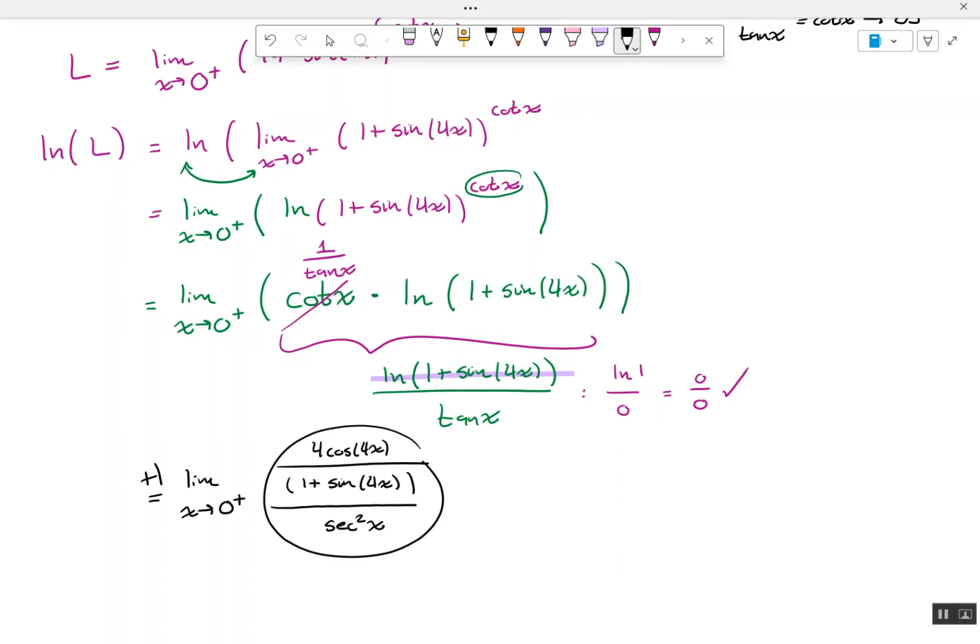So let's look at this separately. So we have 4 cosine of 4x over 1 plus sine of 4x divided by secant squared.